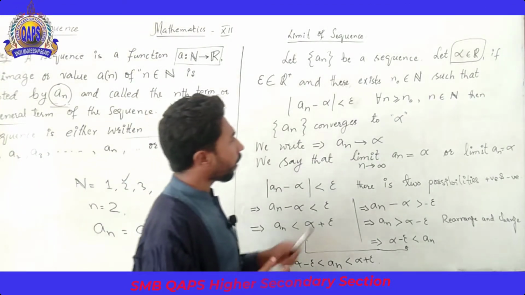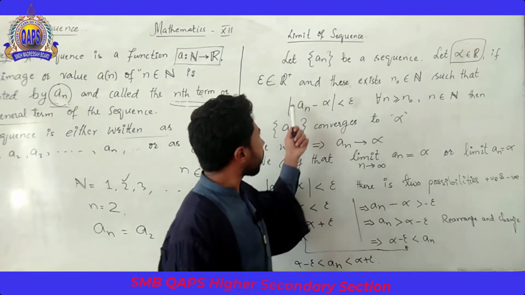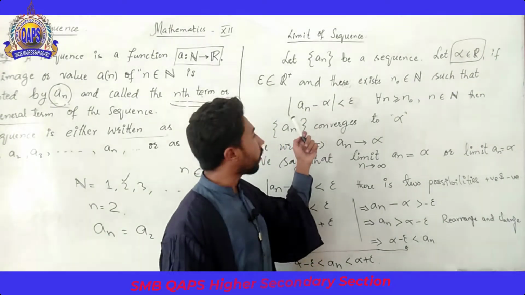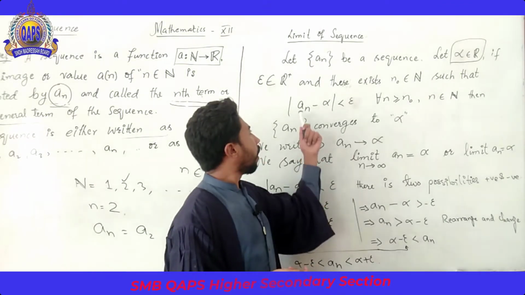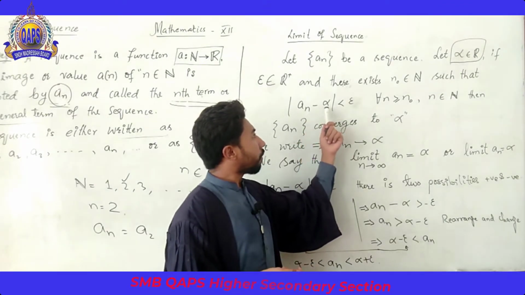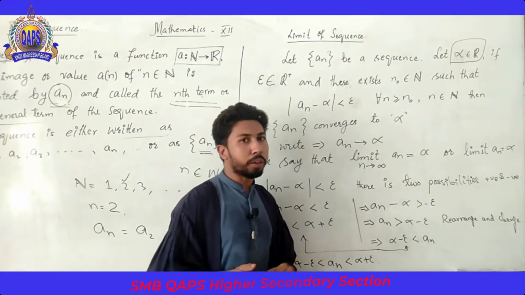Such that, in modulus, which is the magnitude or length or absolute value, |a_n minus alpha| is less than epsilon.